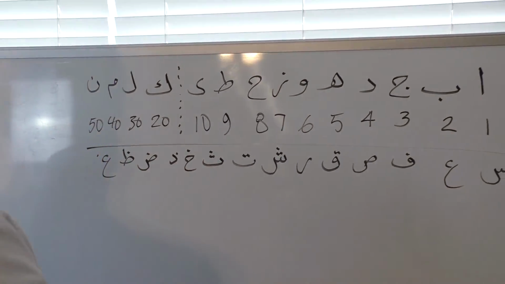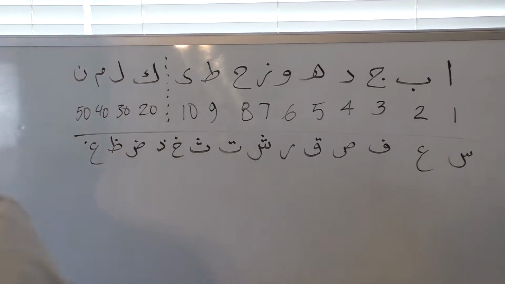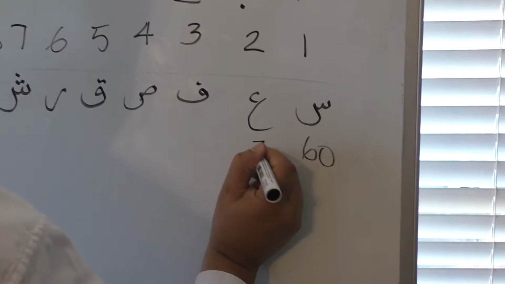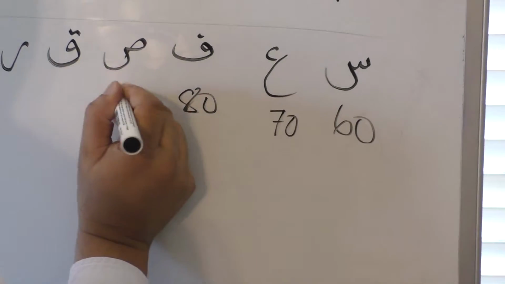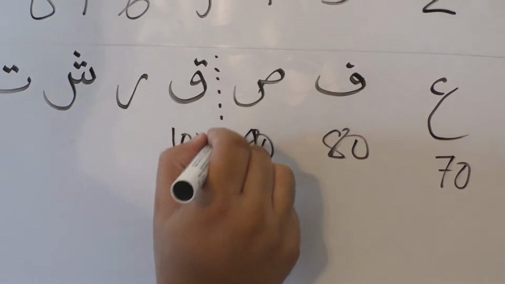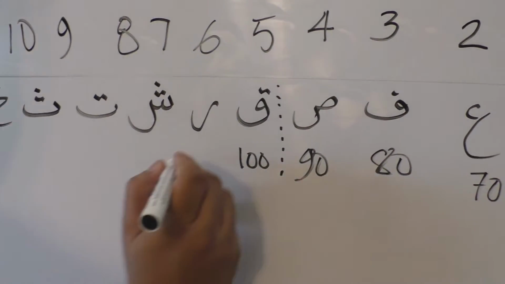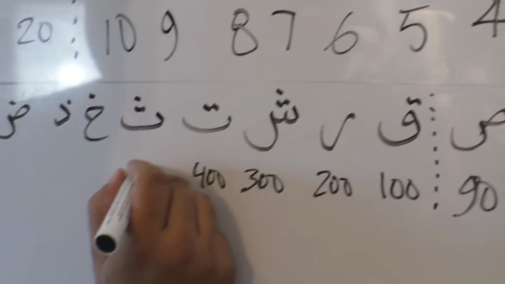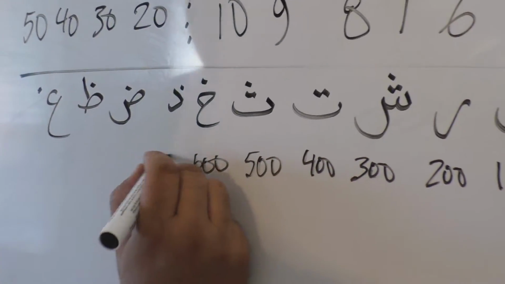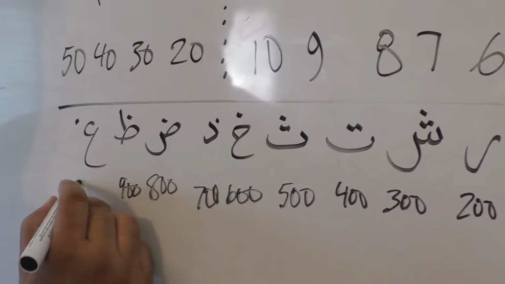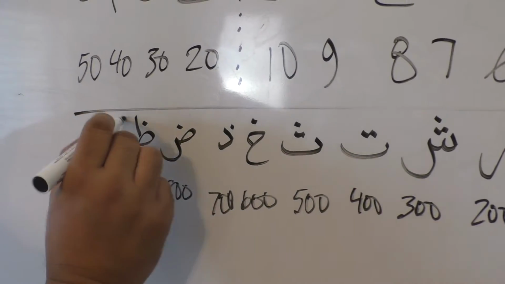All right, so now what happens here? You keep counting by tens. So here would be 60, 70, 80, 90. Now you count by hundreds. 100, 200, 300, 400, 500, 600, 700, 800, 900, and 1,000.